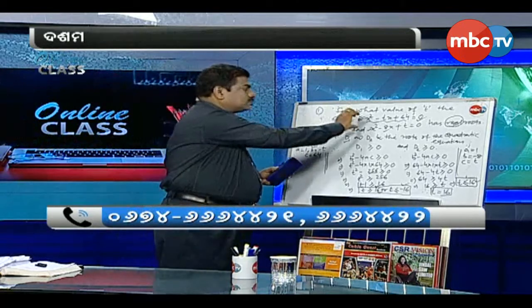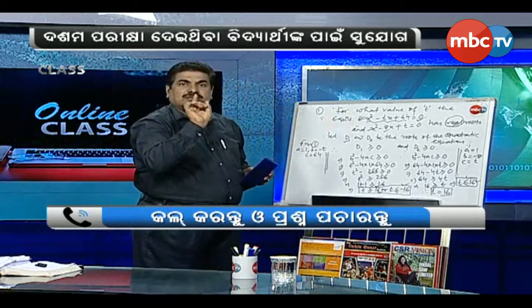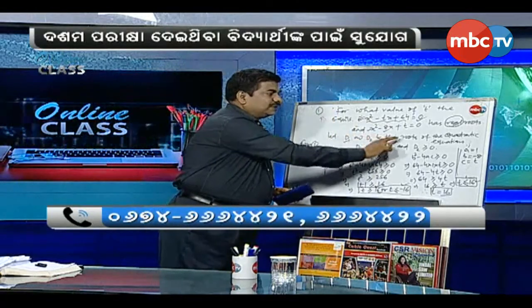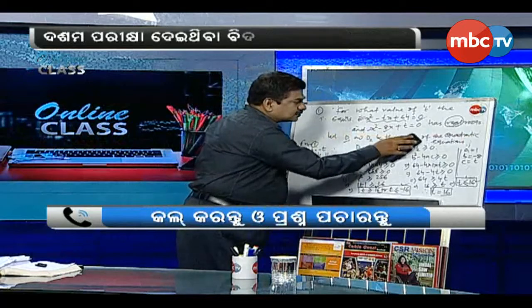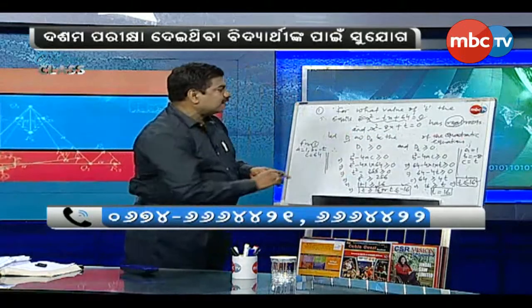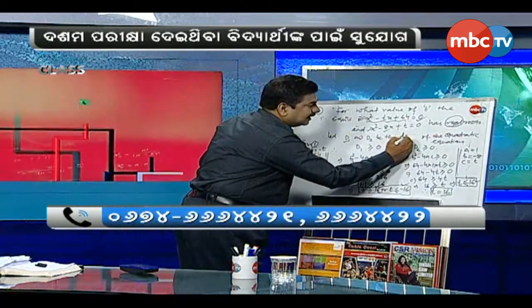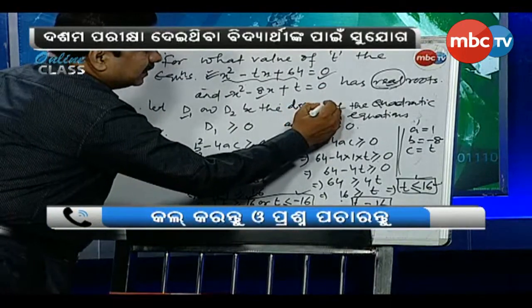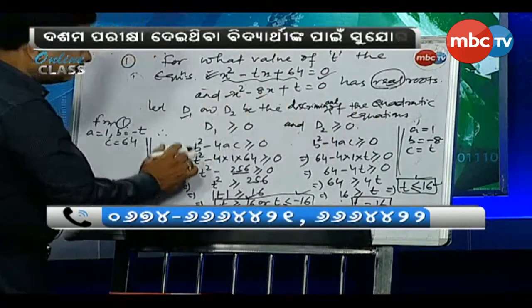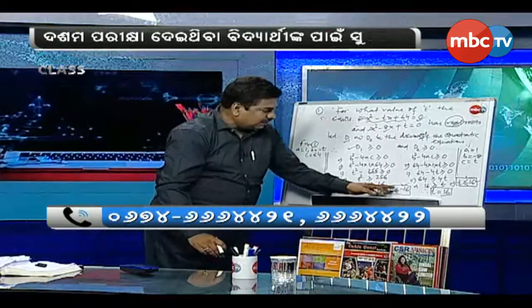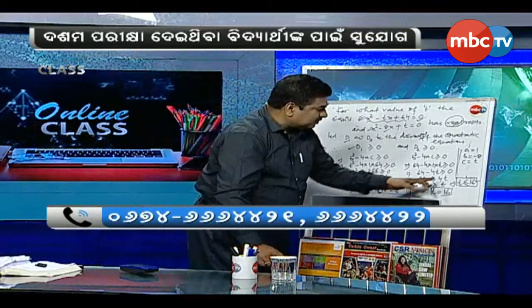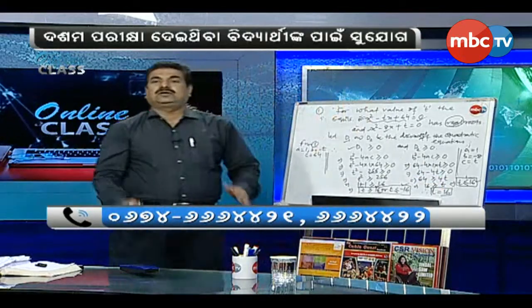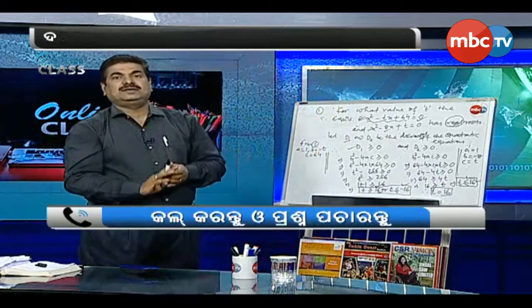Here you consider these two quadratic equations, and D1 and D2 are the discriminants of the quadratic equations. So D1 gives t greater than or equal to 16 or t less than or equal to minus 16, and the common value is t equal to 16, dear.